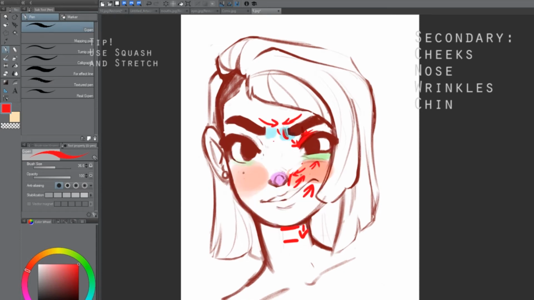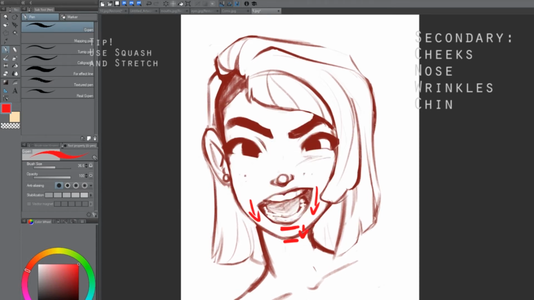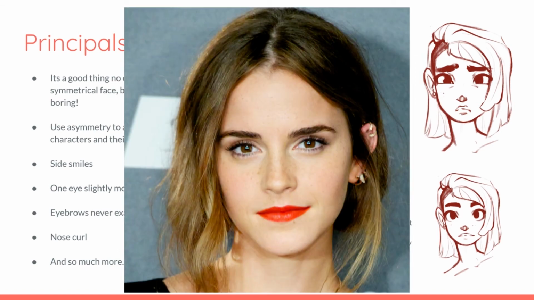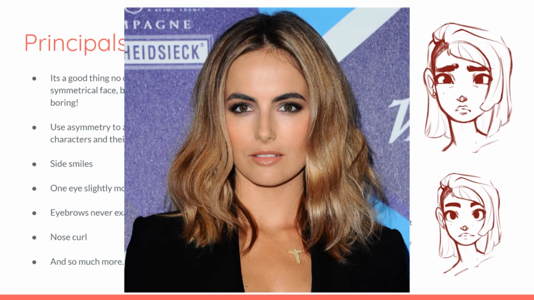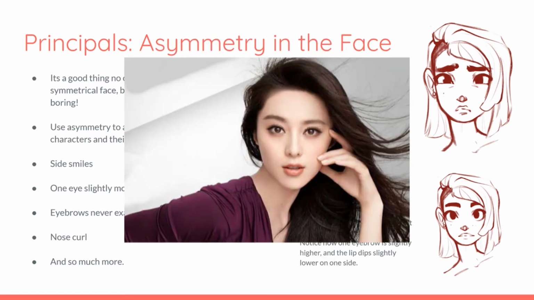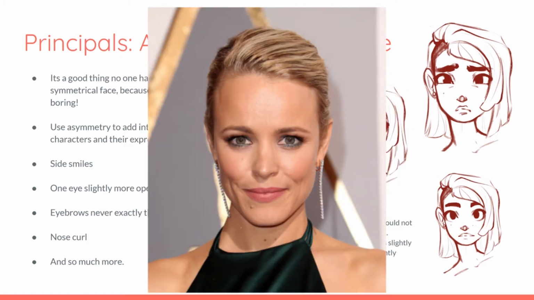Another super important principle to remember when drawing an expression or any sort of face is that no face is symmetrical. Even the most beautiful people out there, their face is not going to be exactly symmetrical. Plus, symmetry is pretty boring, so be happy for your asymmetrical faces.